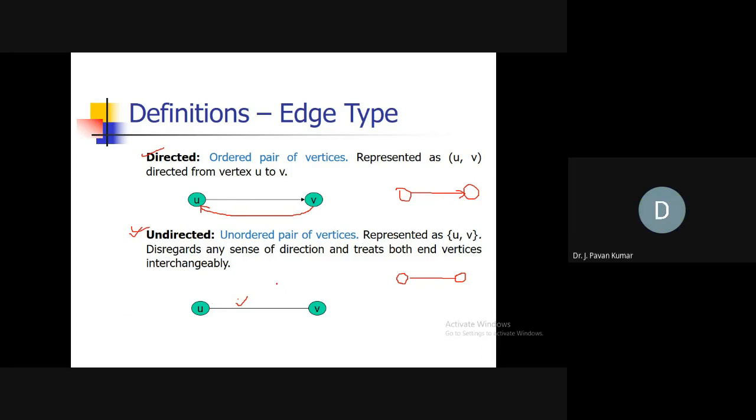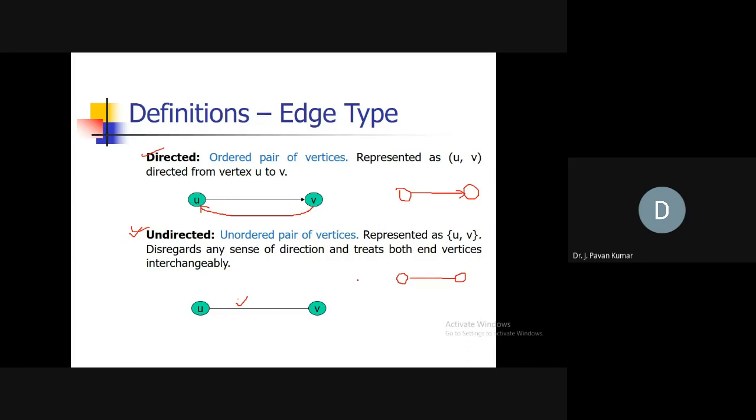In previous classes we have seen digraphs. So in digraphs or directed graphs, we will be having a direction for every edge. Such kind of graphs we call directed graphs or digraphs. Next, if for every edge there is no direction, then we can consider it an undirected graph.